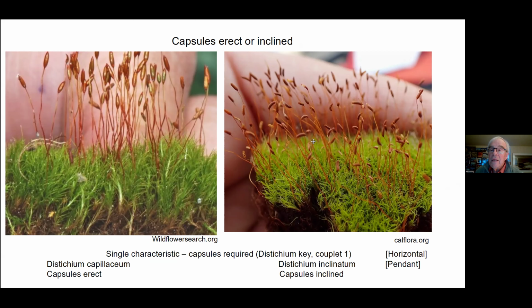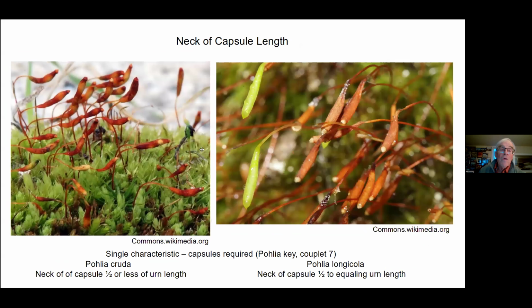But I wanted to show this because if you look, a lot of these capsules are not inclined, so you need to look at a bunch of them to see whether more of them are inclined than not. Okay.